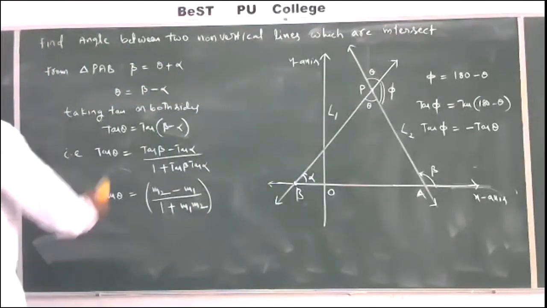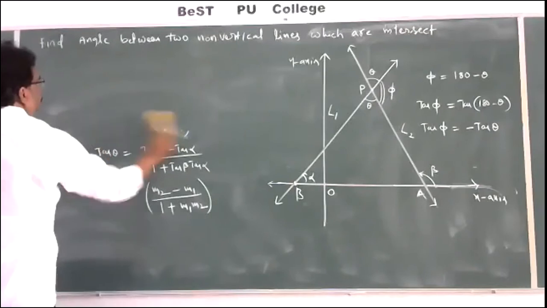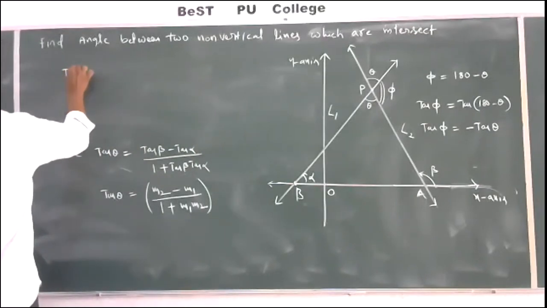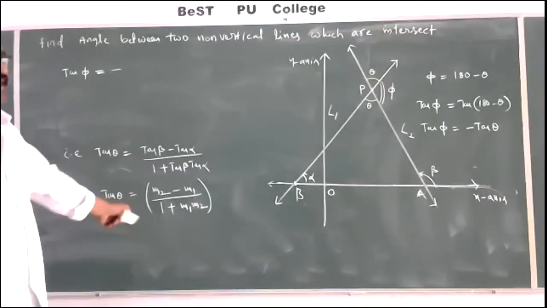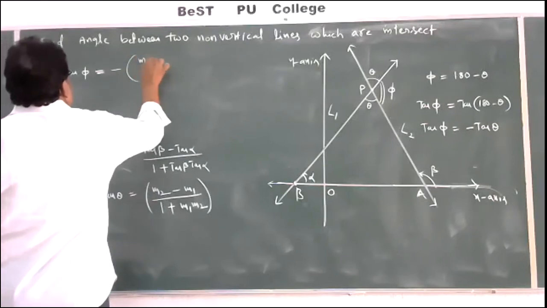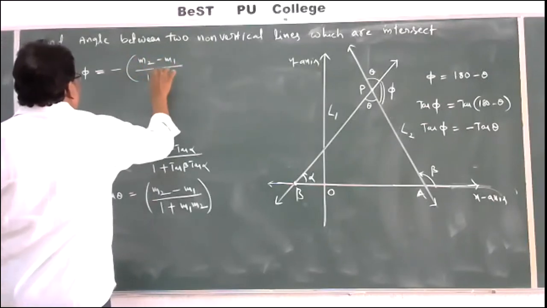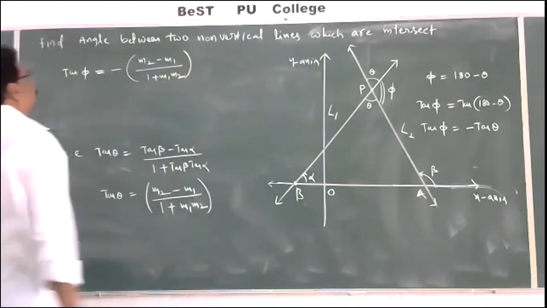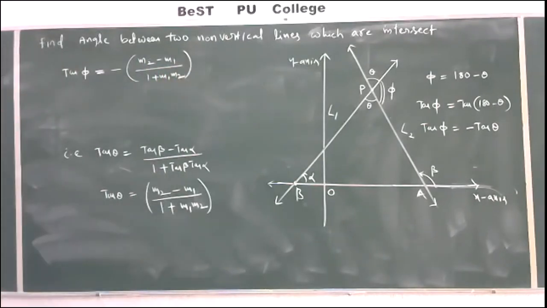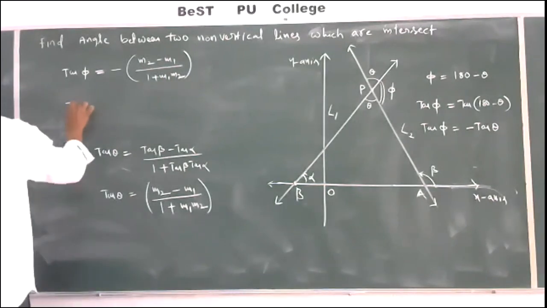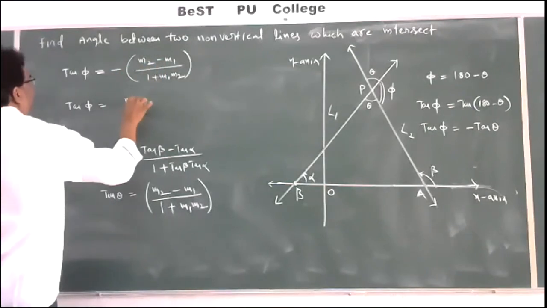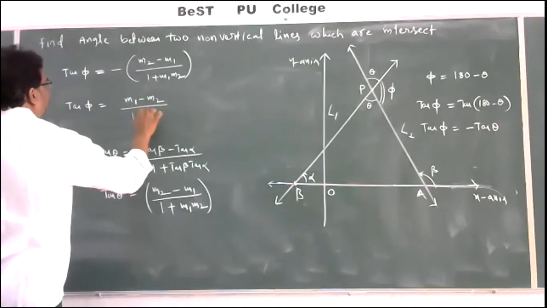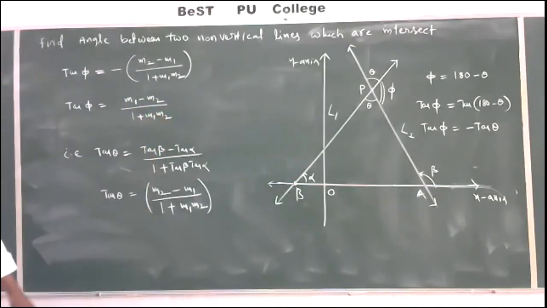Already we proved that tan theta is M2 minus M1 by 1 plus M1 M2. Multiplying the minus inside the bracket, you get tan phi equal to M1 minus M2 by 1 plus M1 M2.